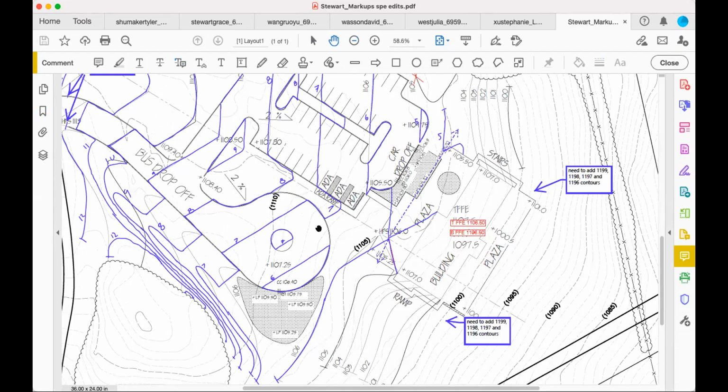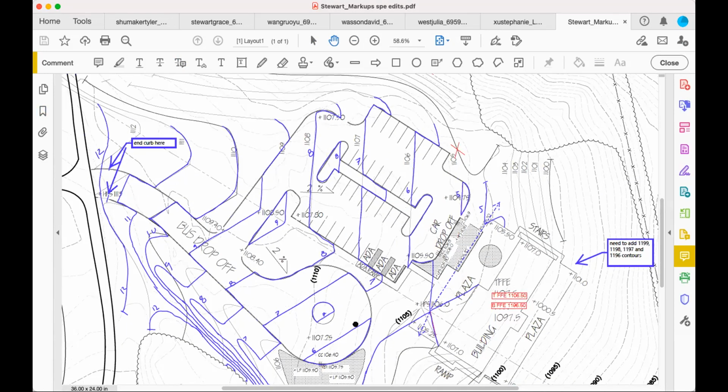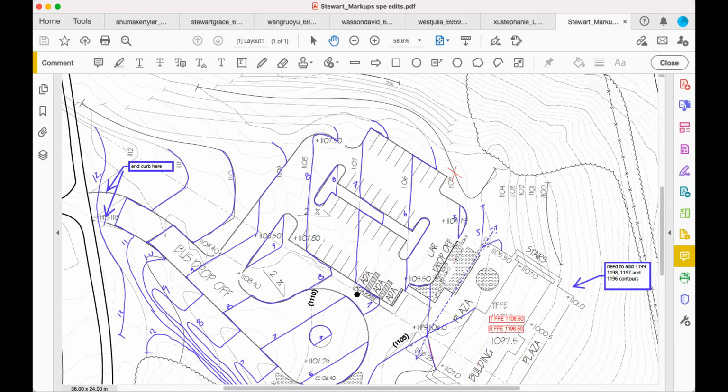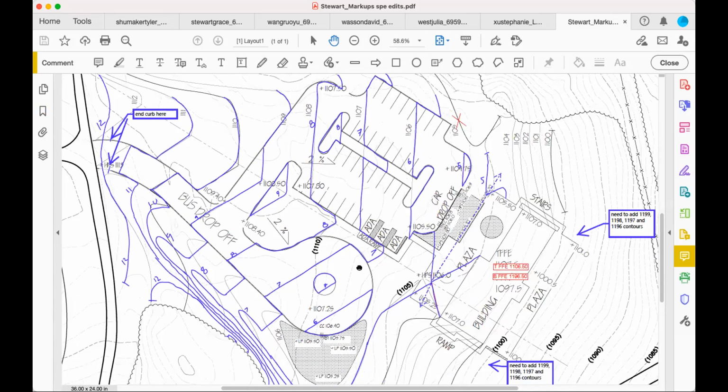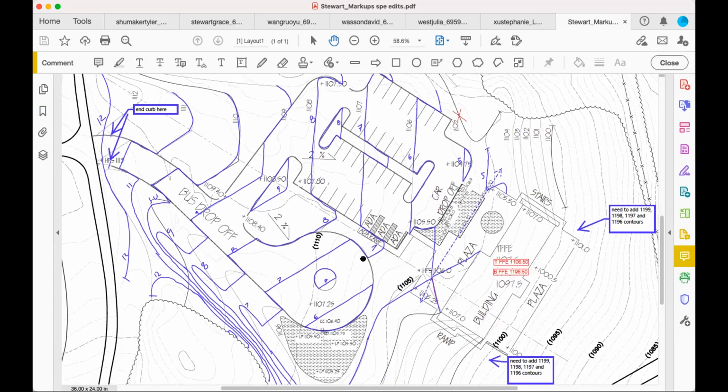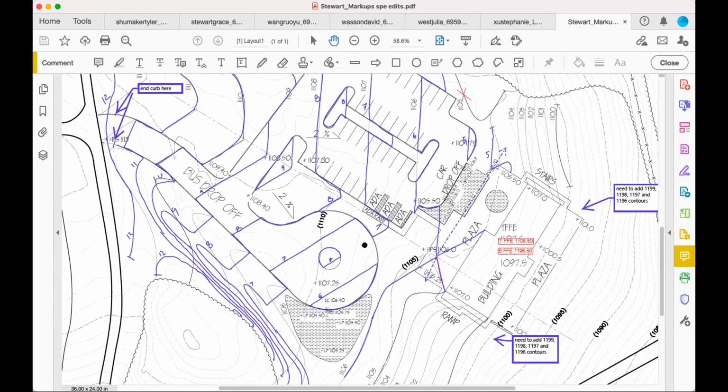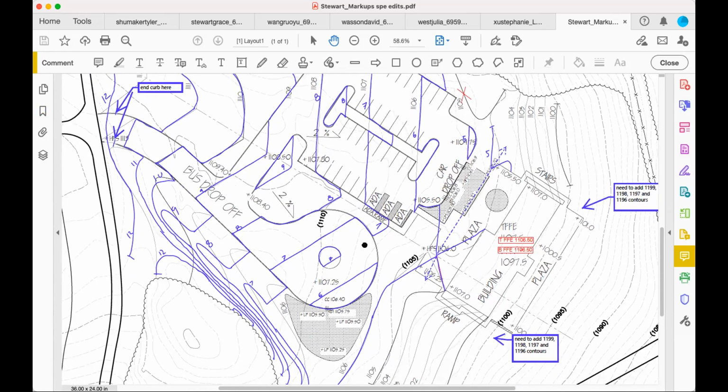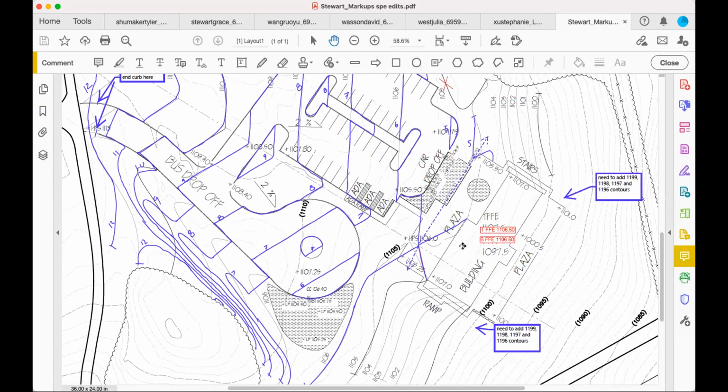So if you look at the numbering, it's probably because the original contours were marked off. So you have the HPS equals 1106.5. Yes, that's correct.